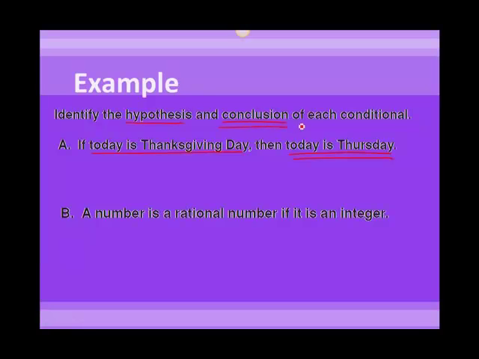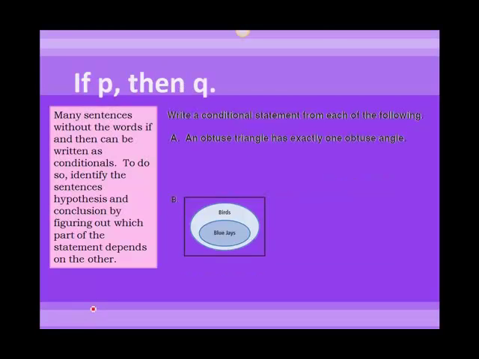This one, a number is a rational number if it is an integer, is a little tricky. The hypothesis is that the number is an integer, and the conclusion is that it is a rational number. So you can see that the sentences can be written without the words if and then. We can rewrite them as long as we identify the hypothesis and the conclusion.